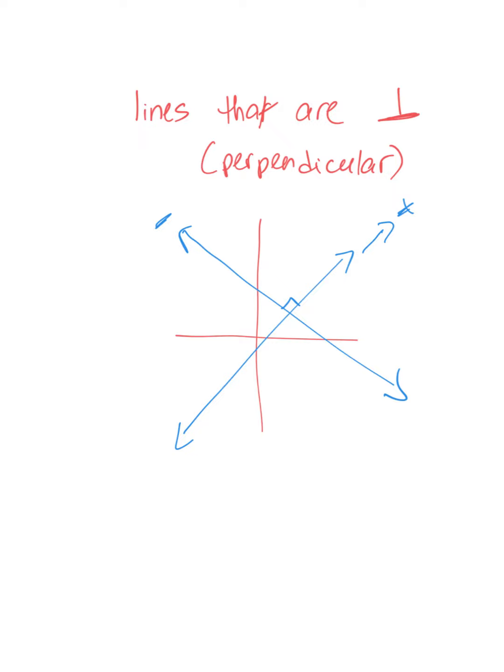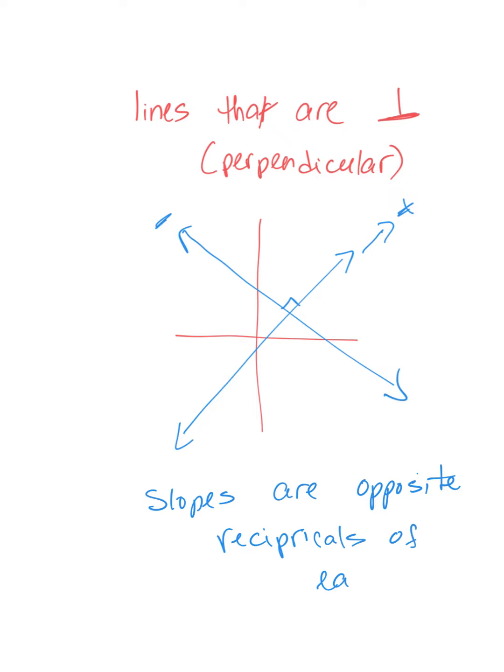So I want you to remember this saying. The slopes are opposite reciprocals of each other. So this is reciprocal with an O here.